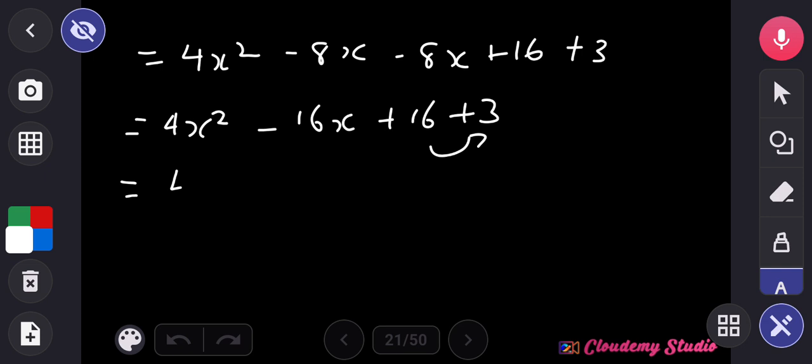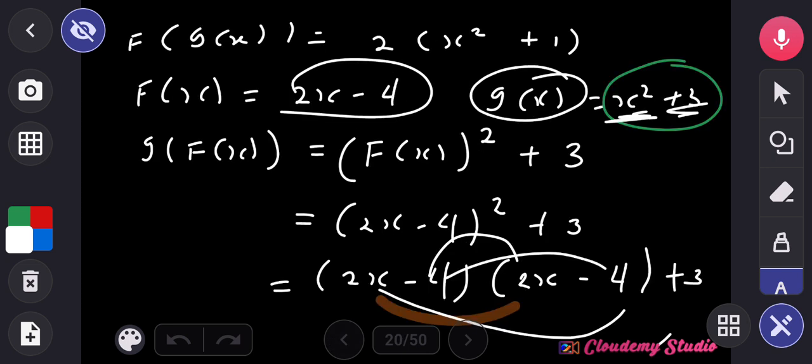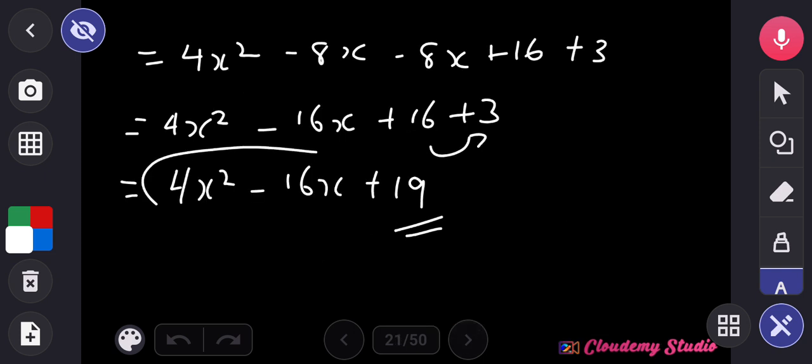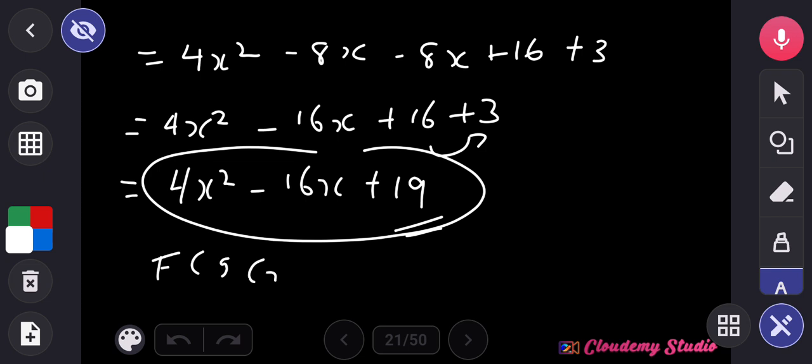So that is 4x squared minus 16x plus 19, and that's our answer. You will see that the answer for this one, which is 2 into bracket x squared plus 1, is different from the answer for this one. So that is showing you that f of g of x is not equal to g of f of x.